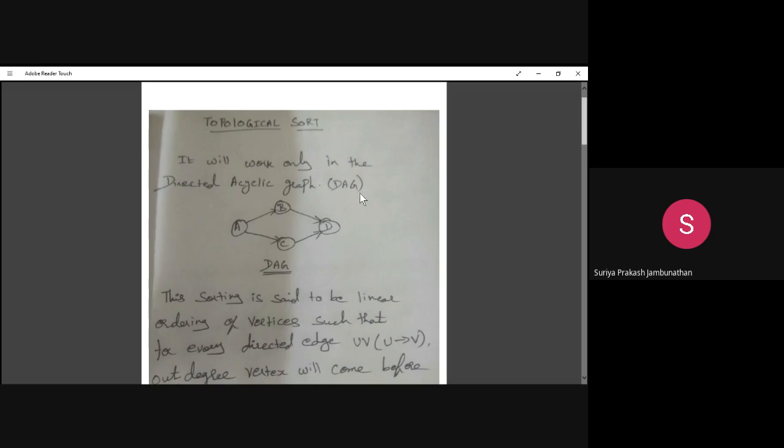Okay. So this particular sorting is a linear ordering of vertices.